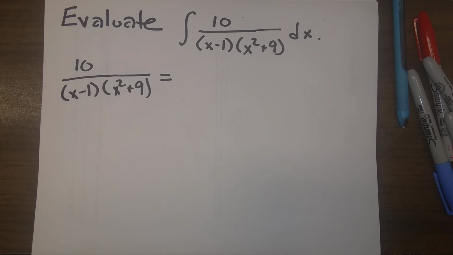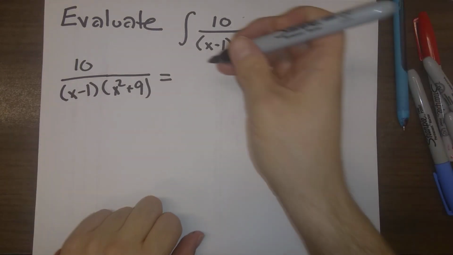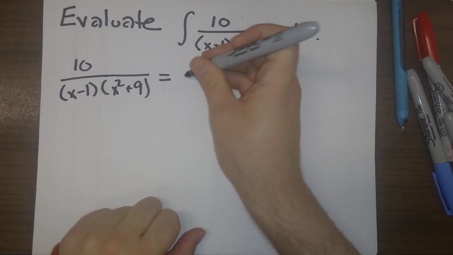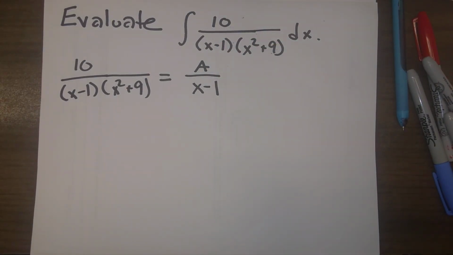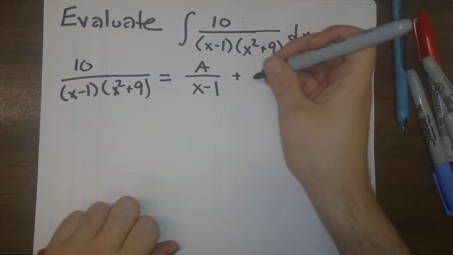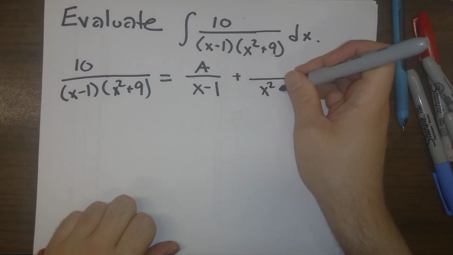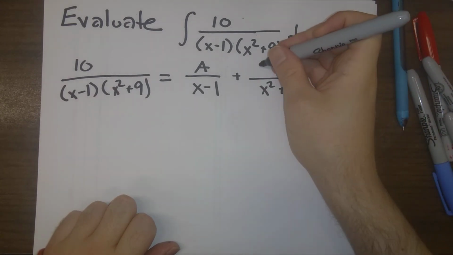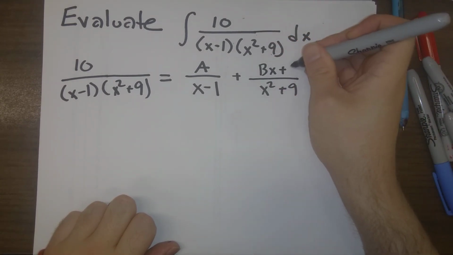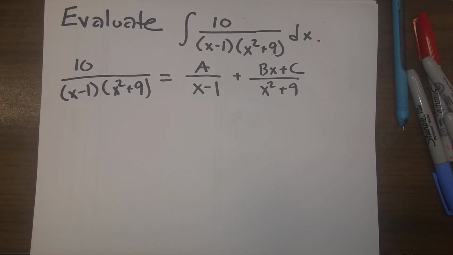In each one of these cases, it's going to look a little bit different. The target we're aiming for is a constant over x minus 1. That shouldn't surprise us. And then for the x squared plus 9 term, the upstairs is going to be of the form bx plus c.